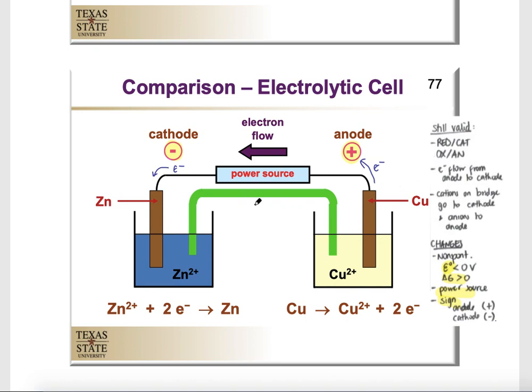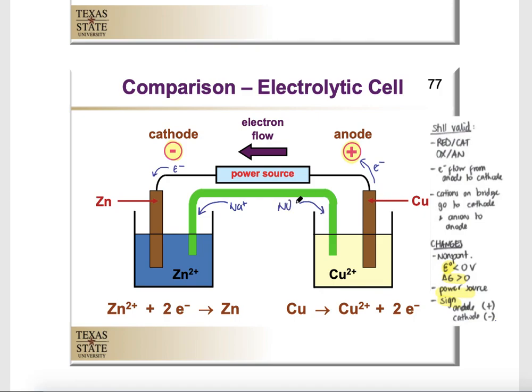In the salt bridge, the same thing that you predict is going to happen. Since in this half-cell we are losing positive charges over time, a positive ion, let's say sodium ions, are going to come from the salt bridge toward the solution here. On the right hand side, we are generating more and more positive charges, so negative charges are going to have to come and balance that out.